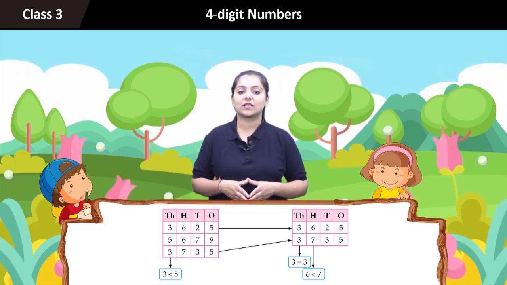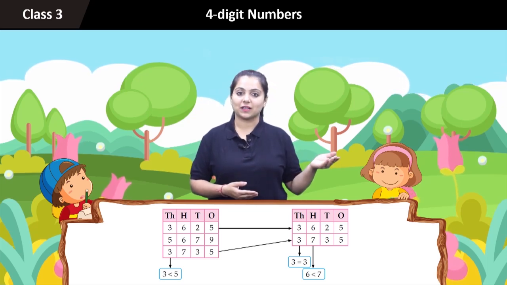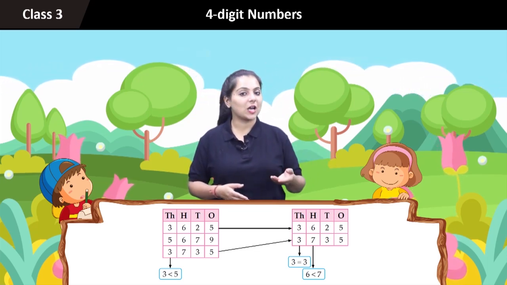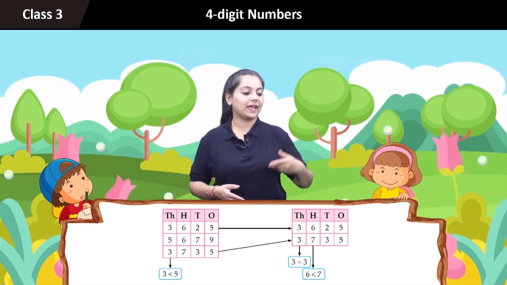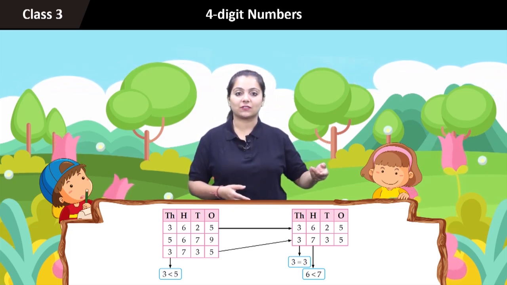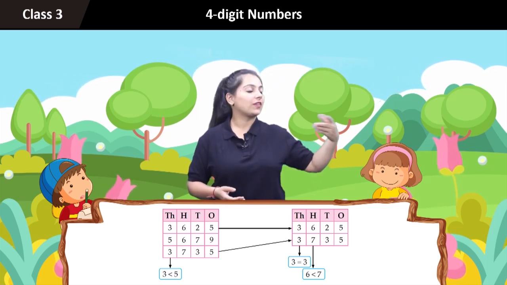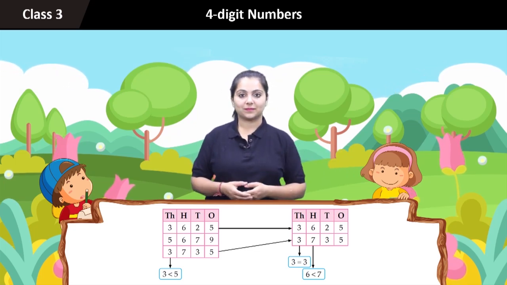Now tell me which one is bigger, 6 or 7? Great! 7 is bigger. So 3625 is the smallest number. And then 3735 is bigger than the previous one. And 5679 is greater than the previous one.